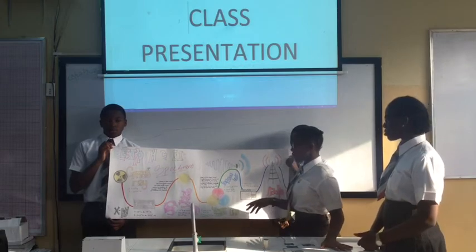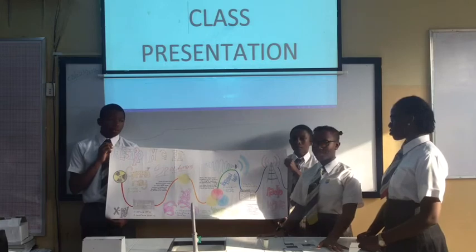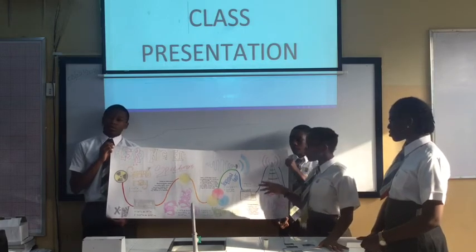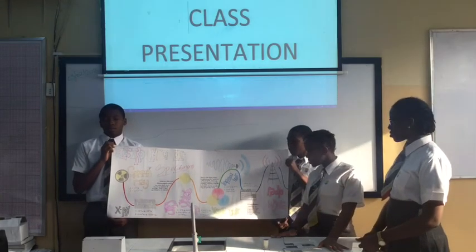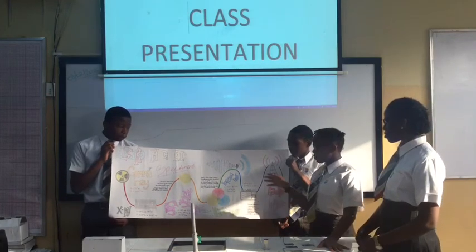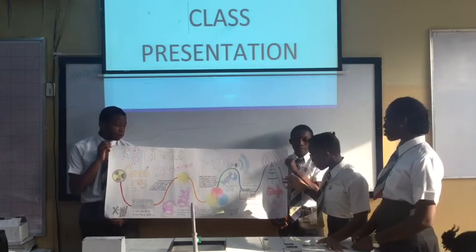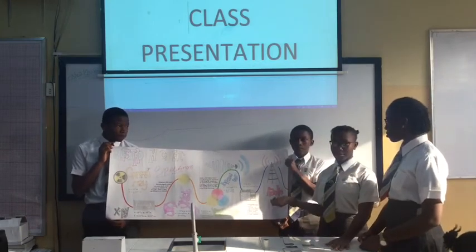Visible light, 4 times 10^-7 meters to 7 times 10^-7 meters. Infrared, 7 times 10^-7 meters to 10^-4 meters. Microwaves, 10^-4 meters to 10^-1 meters. And radio waves, greater than 10^-1 meters.